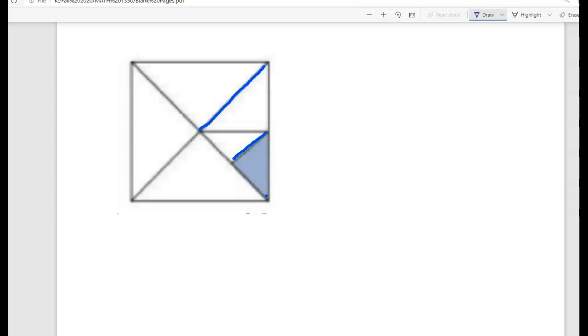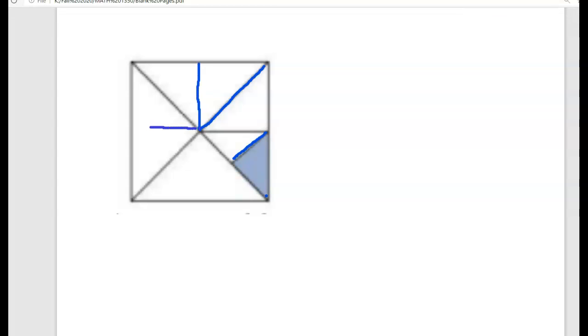So first I'm going to take each of my triangles and divide them into 2, so that I have this piece here, and then I'm going to divide each of those triangles into 2 so that I have all equal pieces.